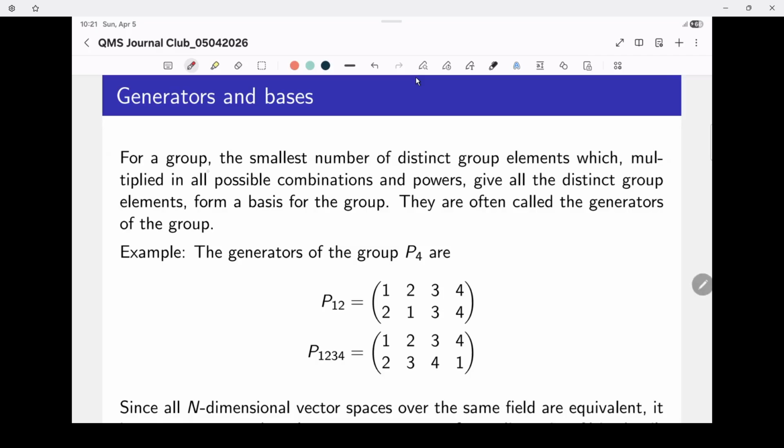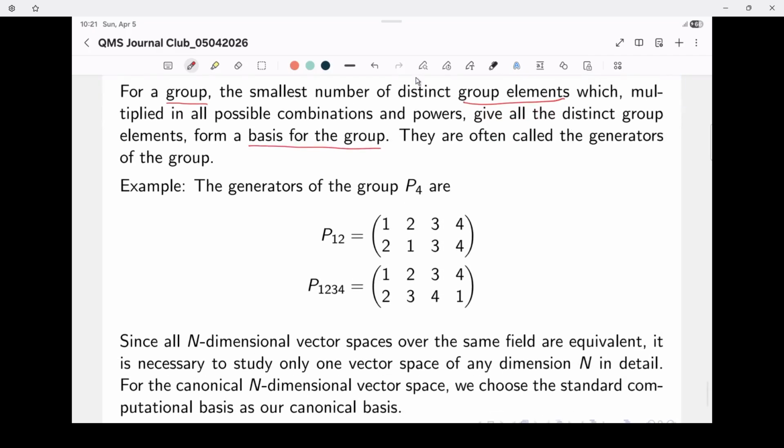So basically for a group, if you can identify the smallest number of group elements, whereby you try all the different possible combinations and powers, that will give you all the group elements. Those smallest number of distinct group elements form what we call the basis for the group. They're usually called by a different name, the generators.